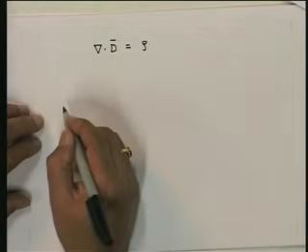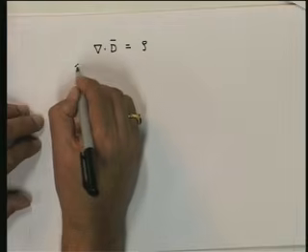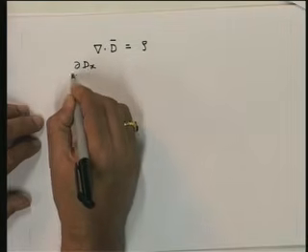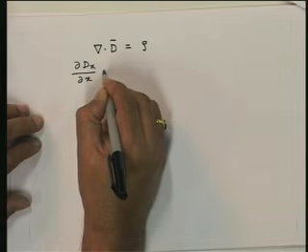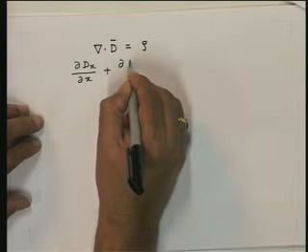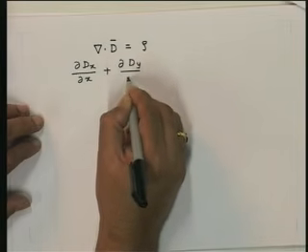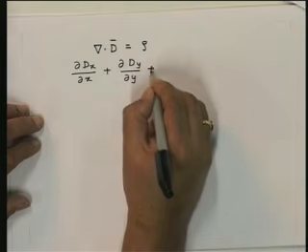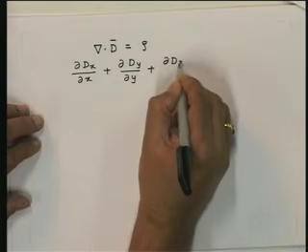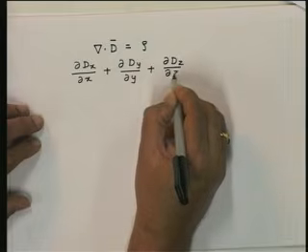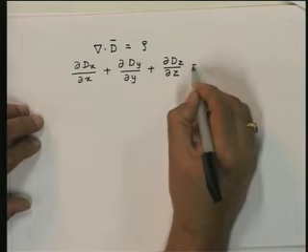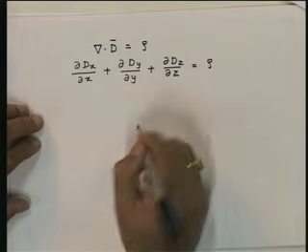Expanding this in the Cartesian coordinate system, we get dDx by dx plus dDy by dy plus dDz by dz, that is equal to the volume charge density in that region.